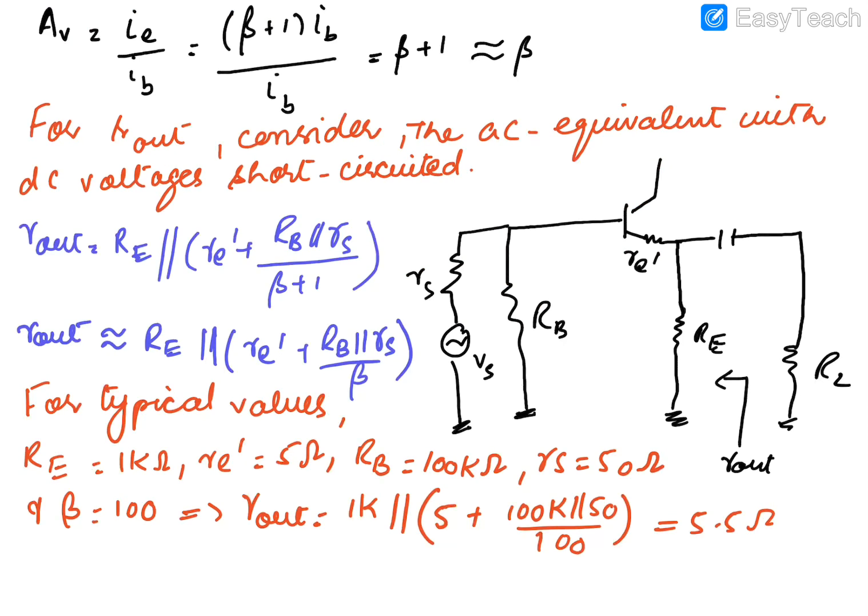So here we have the current gain formula. This is current gain, which is equal to output current divided by input current, I over IB, and it is approximately equal to beta.